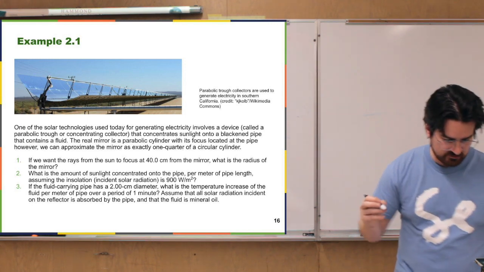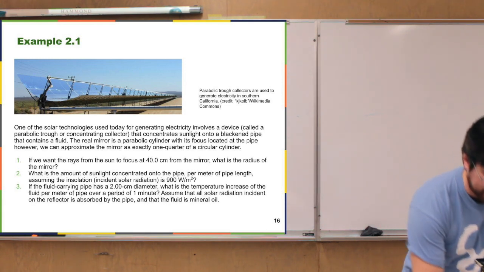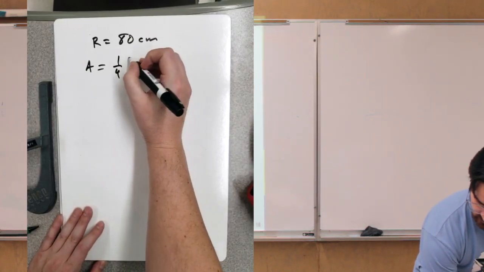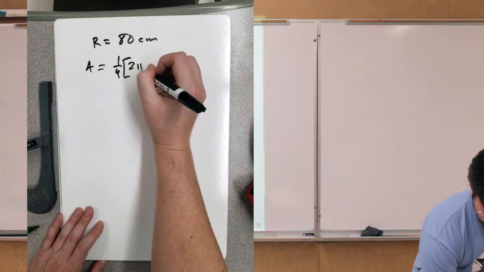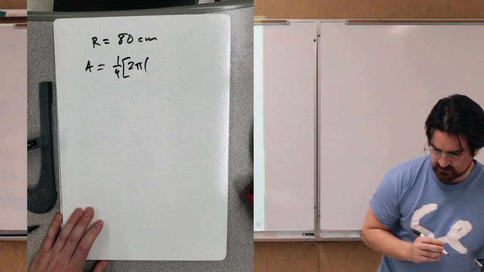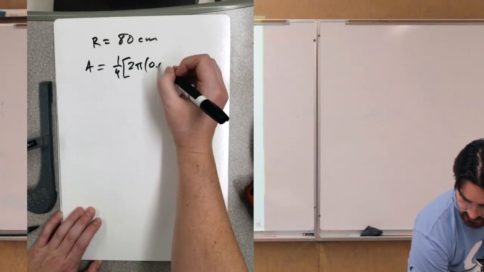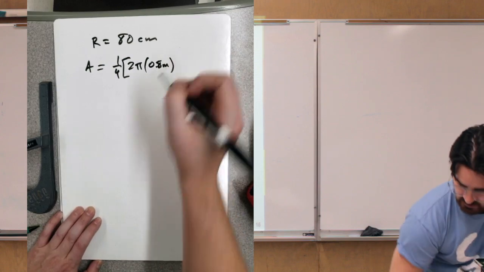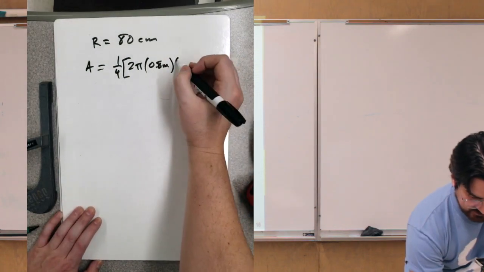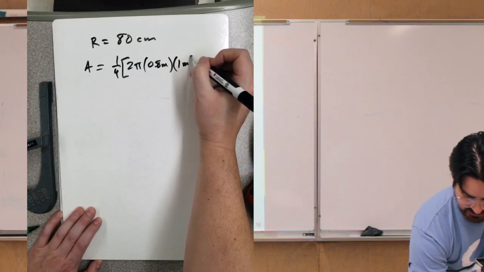So we're essentially looking at the area of a cylinder, but 1/4 of that. 1/4 of 2 pi times the radius of the mirror, which we just found, 0.8 meters, and then multiply by the length of that cylinder. We're just going to do it per meter here.